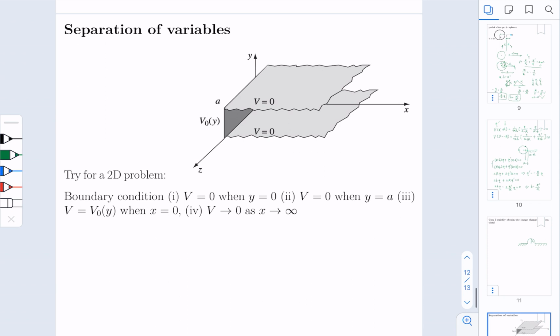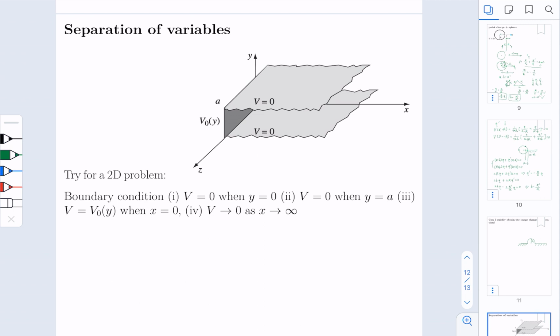Okay, so next time we will talk about the separation of variables. It's a different technique, and I think this technique is much more powerful than the image charge technique. I think that the image charge problem is really looking at some very particular problems that you can guess, and these cases are limited.